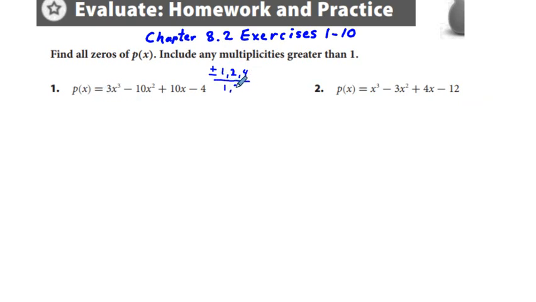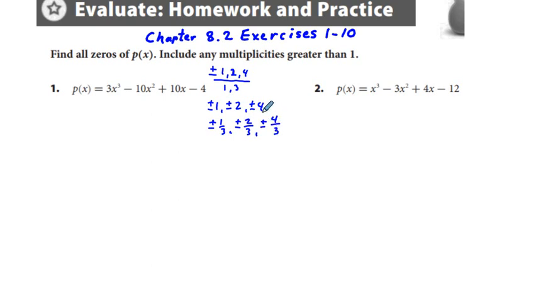So 1 and 3. Just distilling from here, our potential rational roots are going to be plus or minus 1, plus or minus 2, plus or minus 4. And now for the fractions, we're going to have plus or minus 1/3, plus or minus 2/3, and finally plus or minus 4/3.